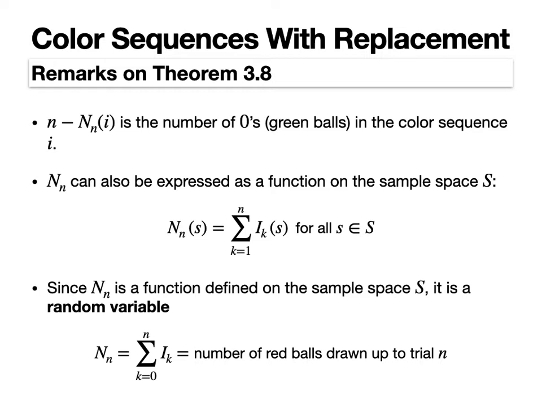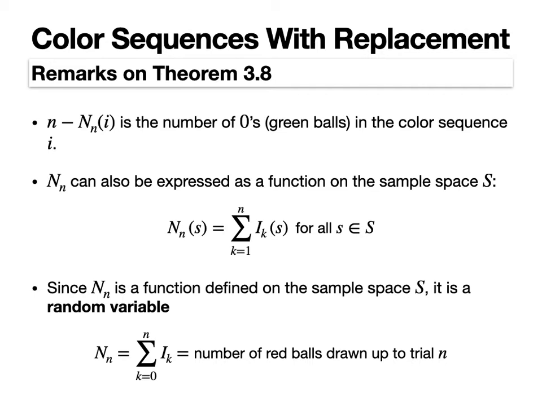Because remember, an indicator variable is 0 if the ball is green, 1 if the ball is red. So if I just sum up the indicator variables for trials 1 through n, I'll just get the total number of red balls that were drawn in that sequence of trials. So n sub n is just the sum from k equal 1 to n of I sub k.